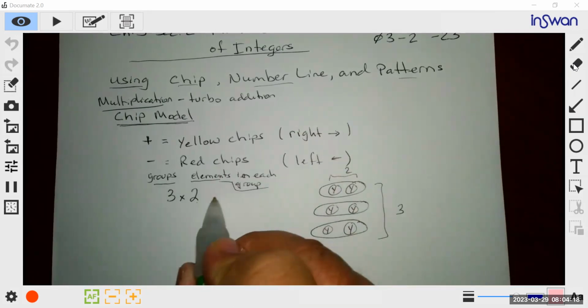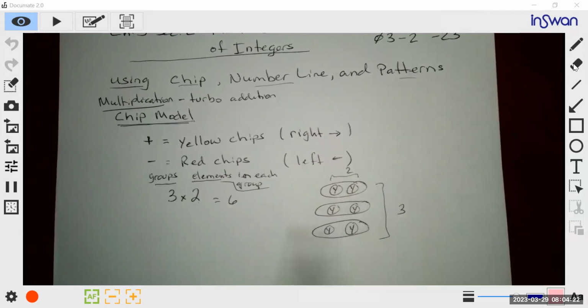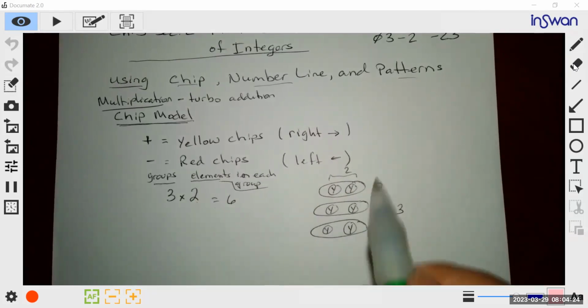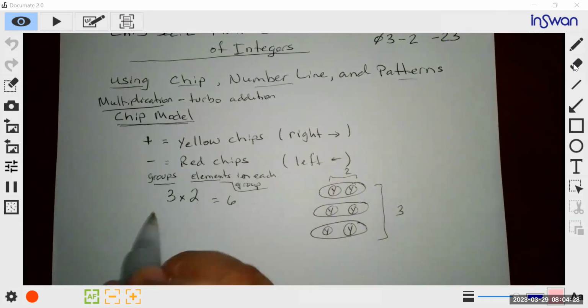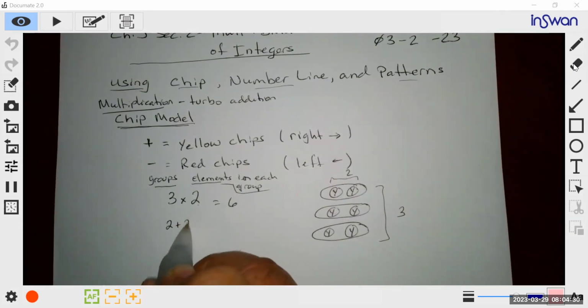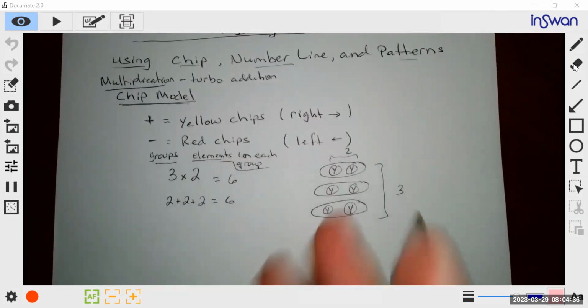Count the number of chips. We have 1, 2, 3, 4, 5, 6. As I said earlier, remember, it's turbo addition. So what this is saying is 2 plus 2 plus 2 equals 6. That's the way you would represent it.